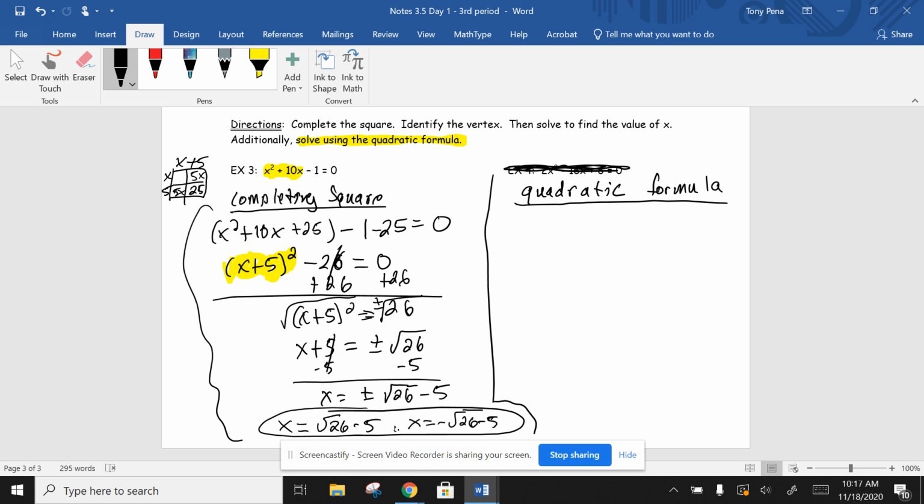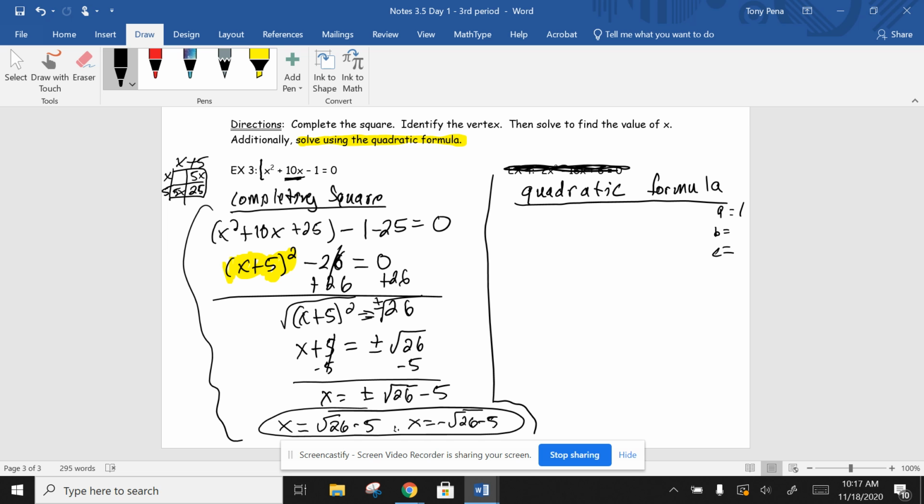So first thing, identify what is your A, what is your B, what is your C. So write A, B, and then C. Make sure we have that part down. All right, A is the number in front of x squared, so that's a 1.